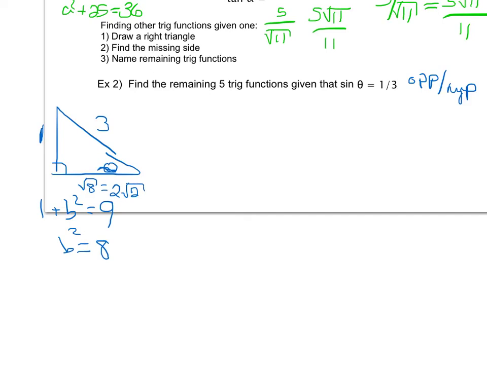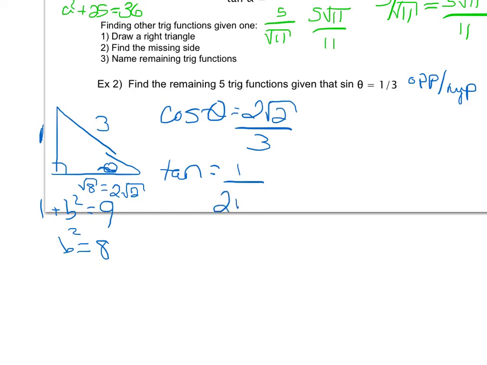And now I'm going to find my trig functions. I've got sine. If I find cosine, cosine of theta will be adjacent over hypotenuse. My adjacent is 2 radical 2. My hypotenuse is 3. I'm also going to find tangent. Tangent is going to be opposite over adjacent. So I'll have 1 over 2 radical 2.